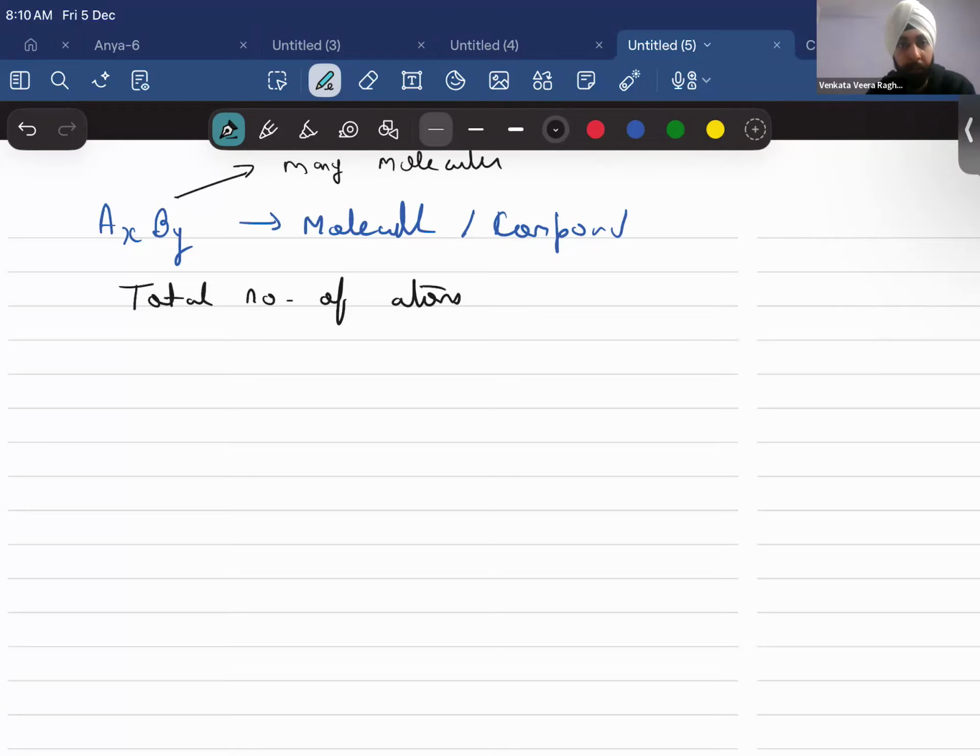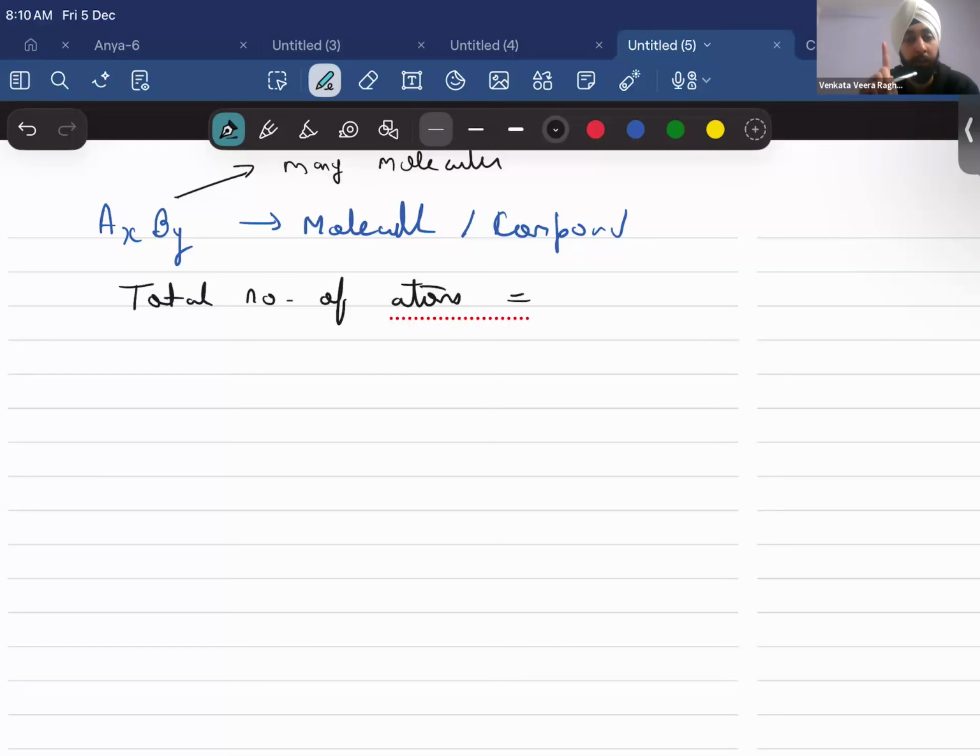Multiple molecules, I am not giving you any number. Think I have many molecules of this AXBY compound. So how many total number of atoms are present in AXBY if you have many molecules of AXBY?